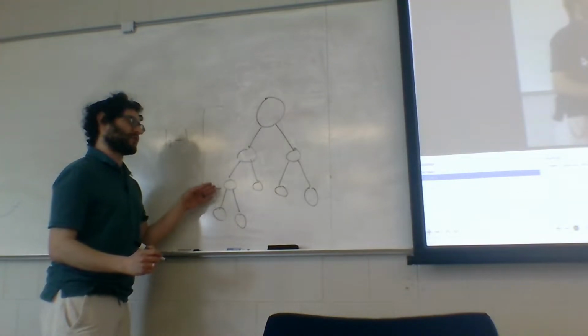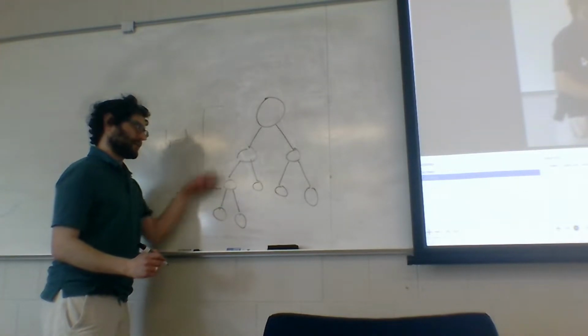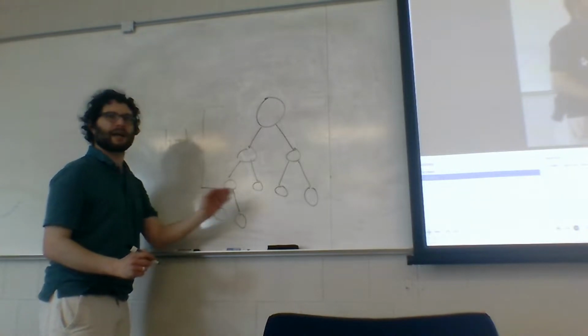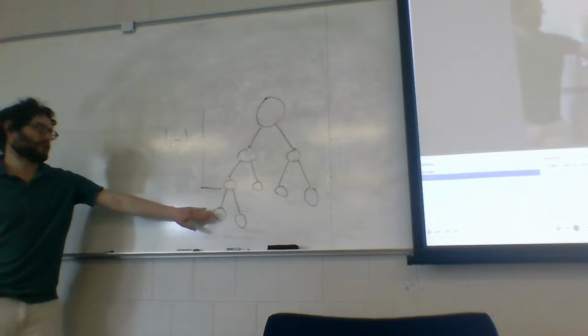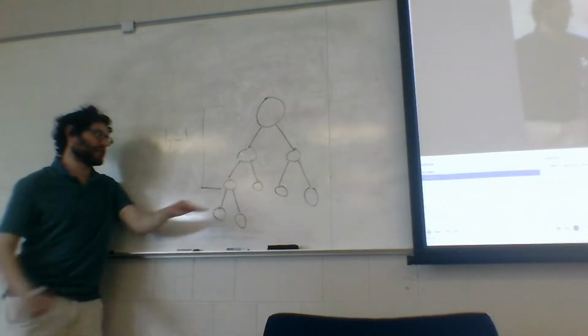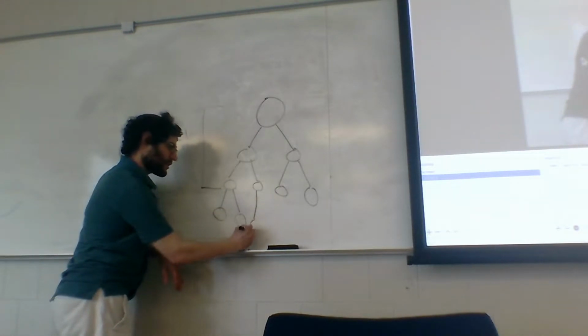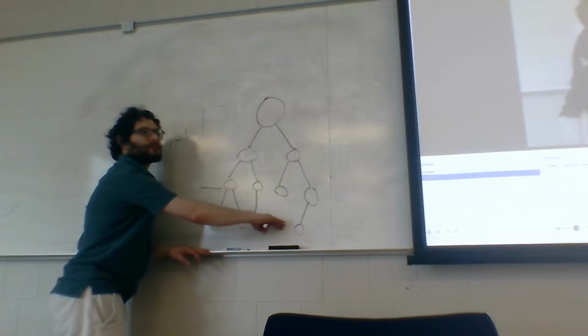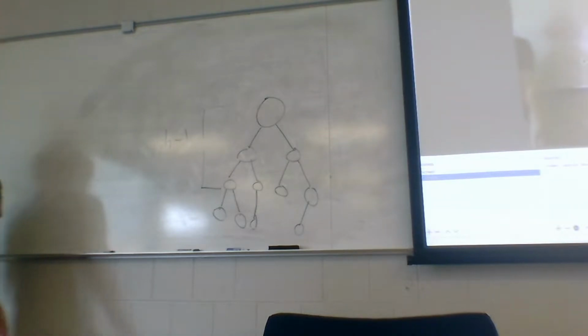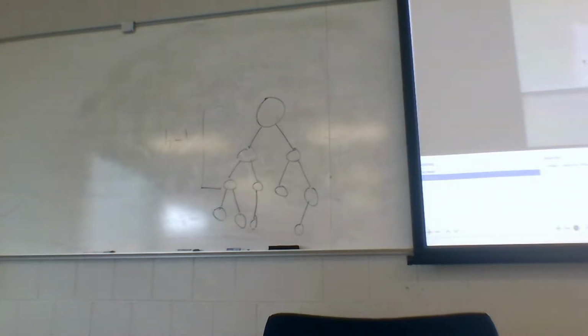Sorry, this is not perfect, but it is complete. It's perfect for this area, but left to right, it's complete, right? So notice we've got a child here, a child here. If we put another child here, still complete. But if I put one over here, now we've got a gap going from the left to the right. And therefore, it's not complete. Does that make sense to everybody?